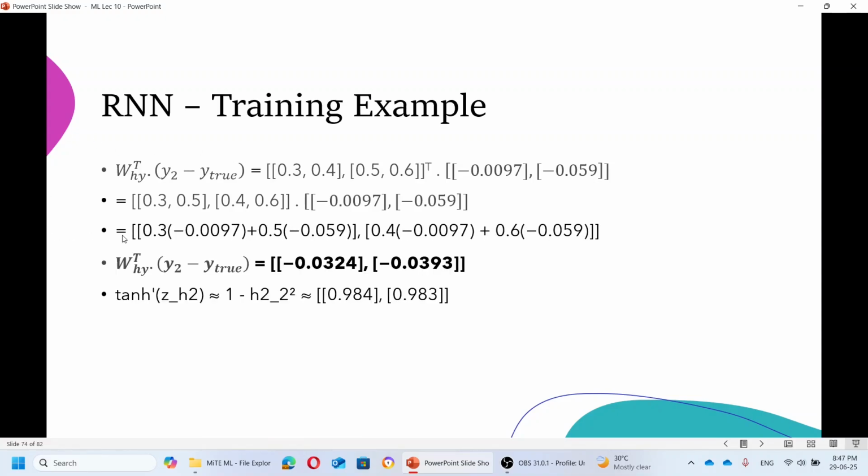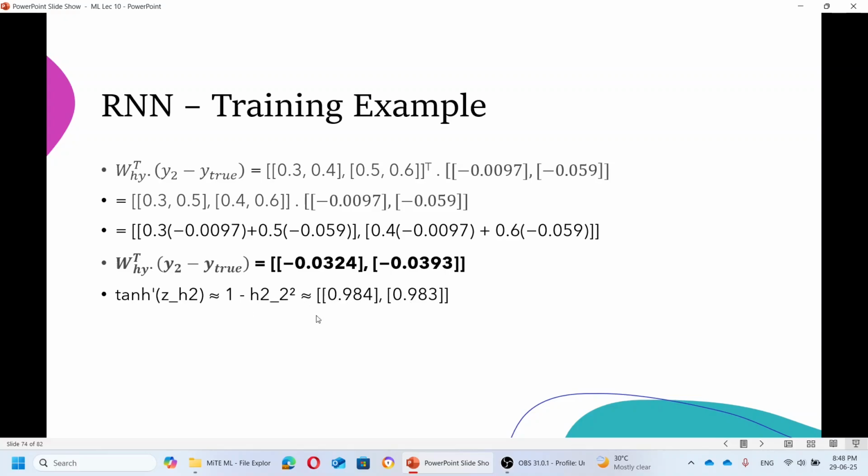Now again we compute the tanh derivative, which is 1 minus h2 squared. Again the process is the same, I have not shown it here: we simply took each value of h2, squared it and subtracted it from 1, and finally we get 0.984 and 0.983.